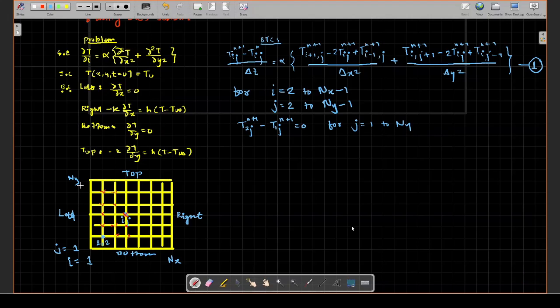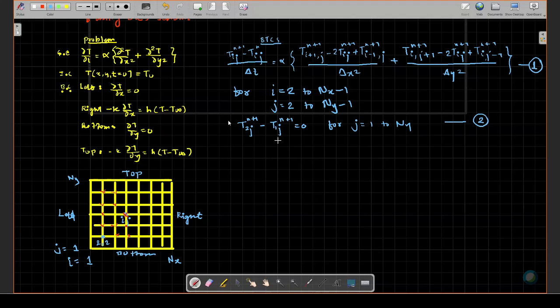Okay, this is the left boundary, and i is fixed. i's are 2 and 1. j is varying. So this is another equation for the left boundary.